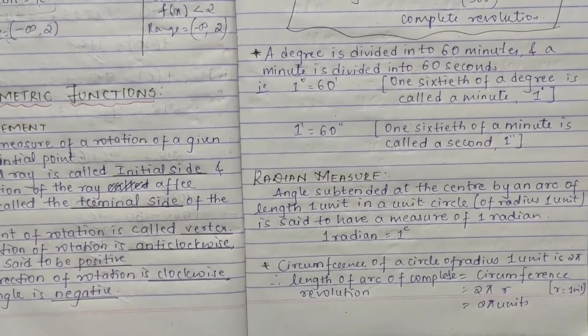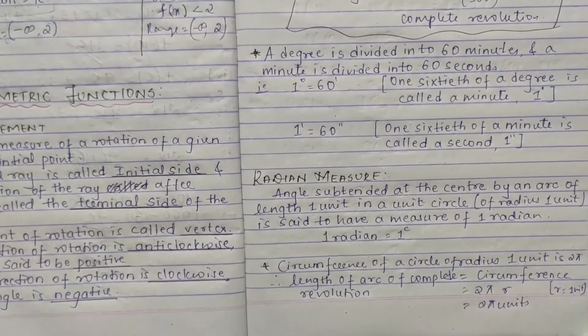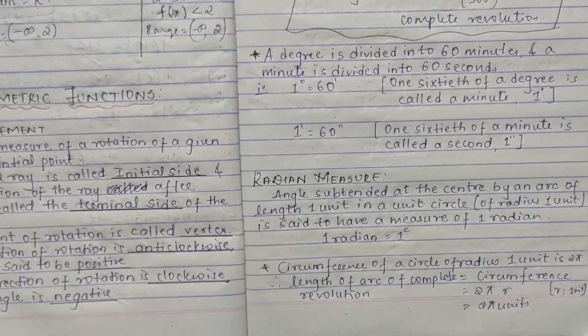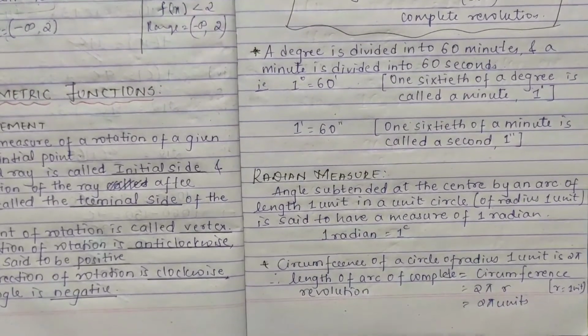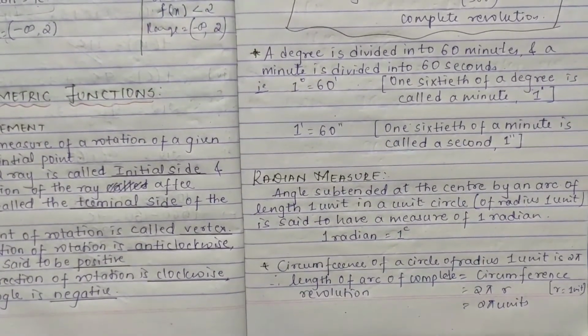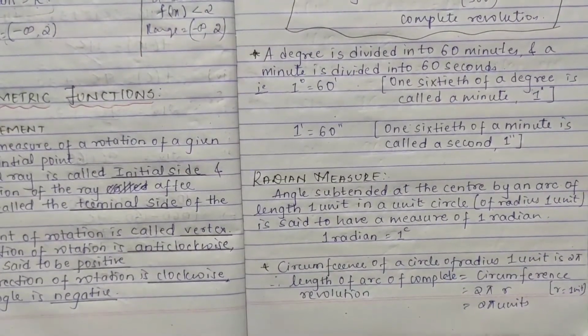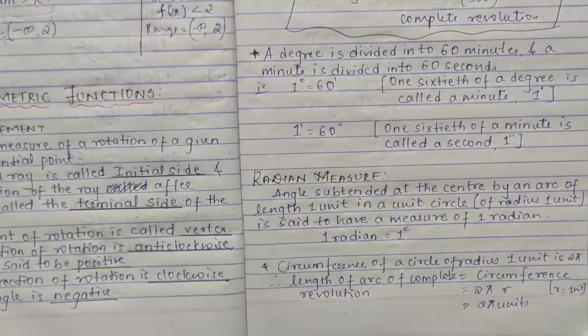Even the radian measure definition I have given you. This is all basic parts. It's not so detailed, but still I have explained in detail. So just go through it. Pause it to note it down.